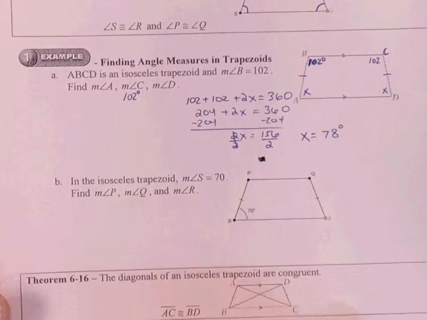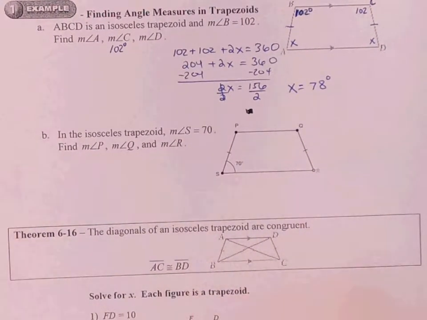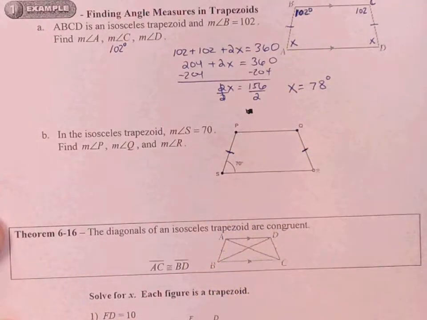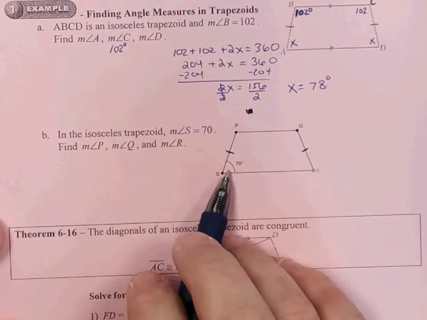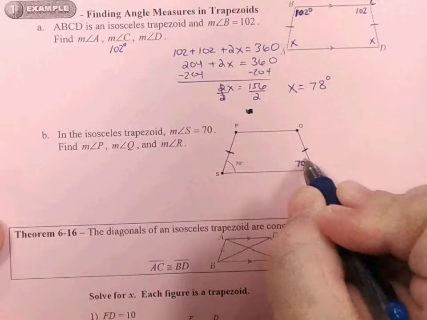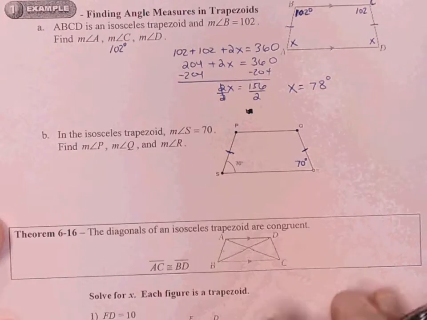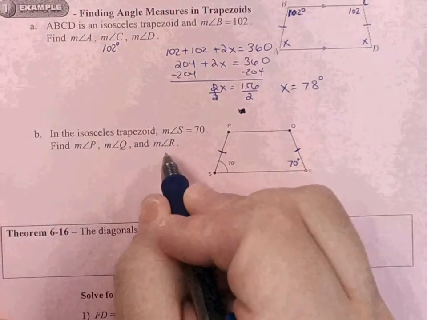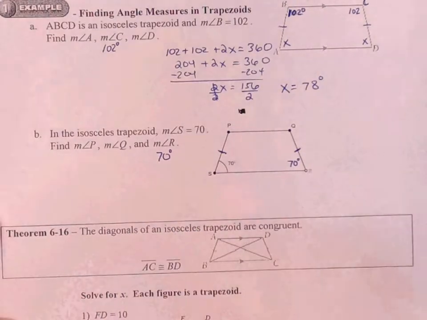Okay, let's go on to the next one. Here we have an isosceles trapezoid. We have this base angle is 70 degrees, so that means this base angle is 70 degrees, which is going to be angle R. So angle R is 70 degrees. We need to find the other two.